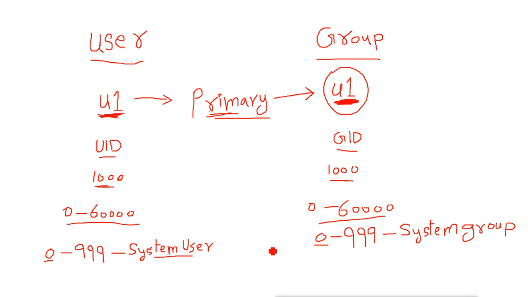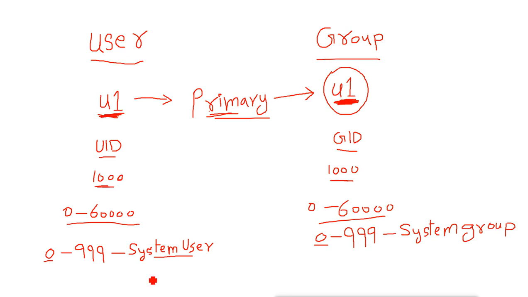Now by default, we will not have all these 999 accounts right now, but they will come as we install the services and applications. By default they are not available, but they will come as needed. These numbers are reserved for those services.